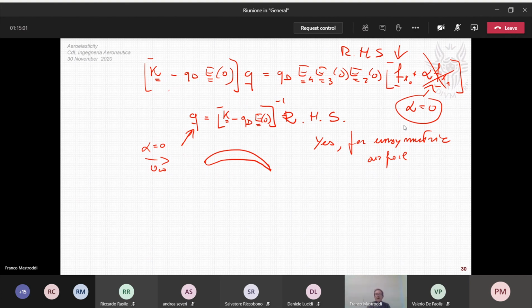Okay, so at this point we have just concluded and satisfied this number one problem, and the number one problem was the problem of the wind tunnel. Next, in the next hour, we will discuss the solution in the case of trim configuration.